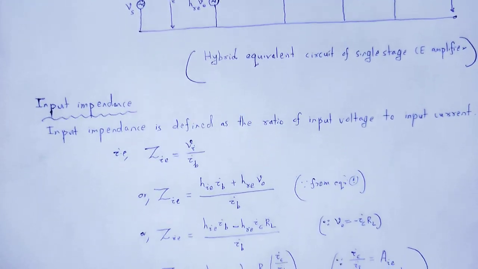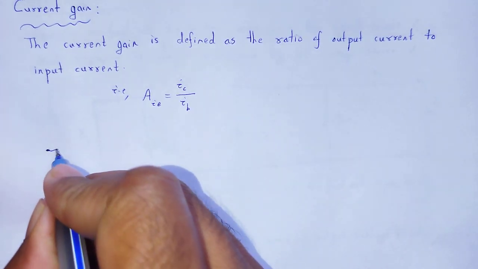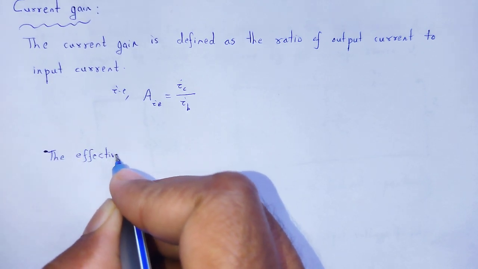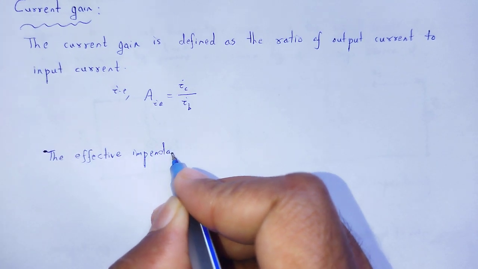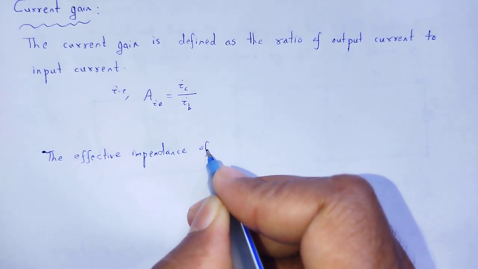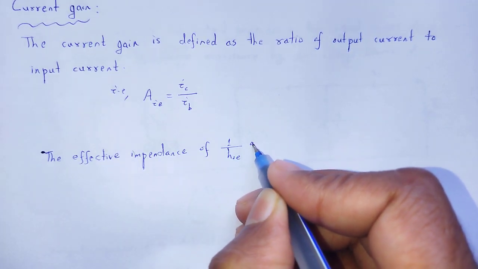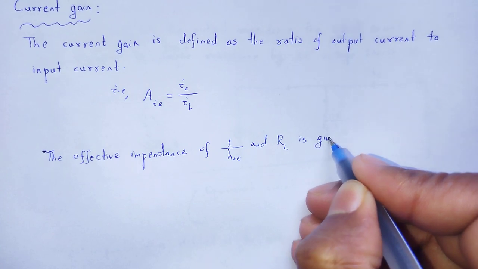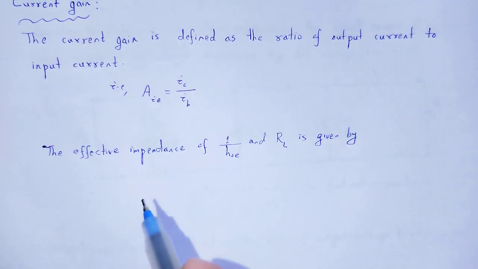Calculating effective resistance, the effective impedance of 1 by HOE and RL is given by the effective impedance.